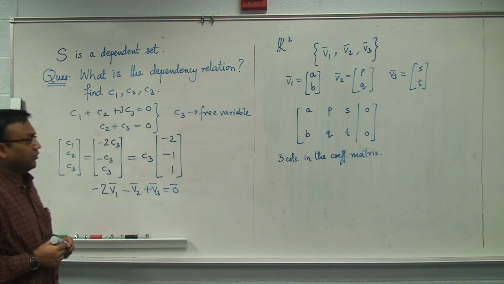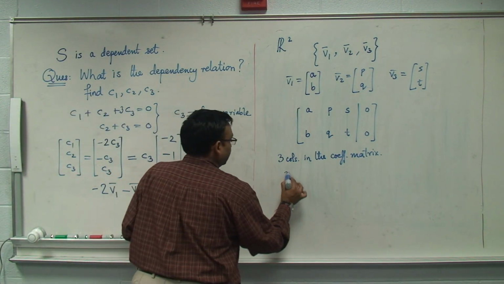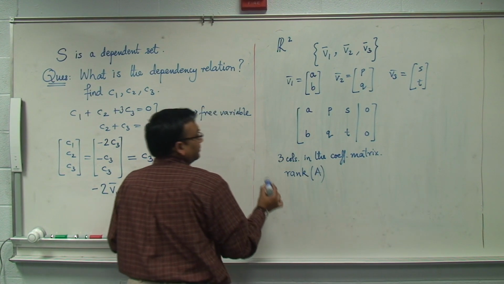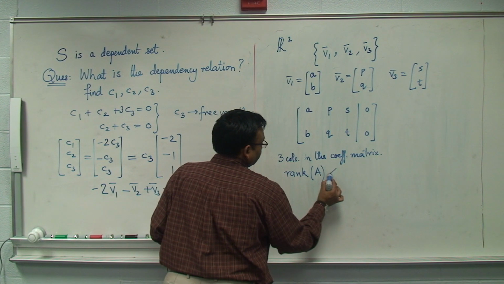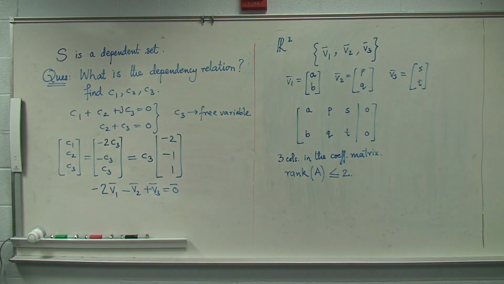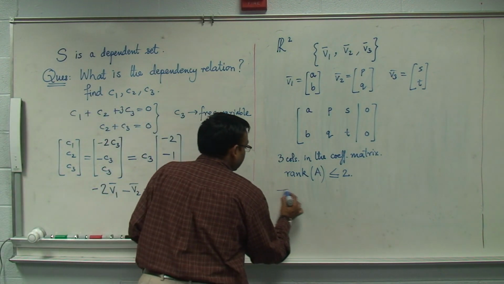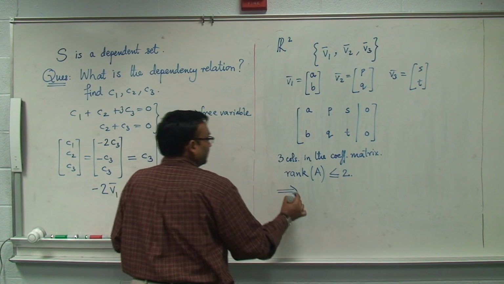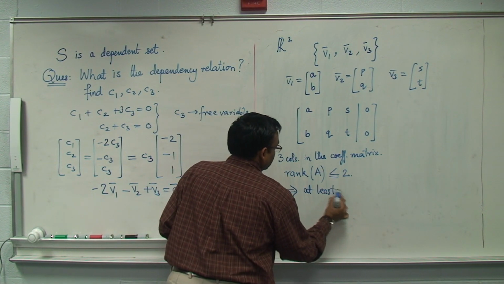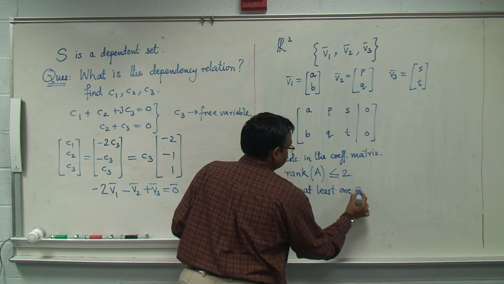So what about the rank? Can I say, no matter what these numbers A, P, S, B, Q, T are, the rank of this thing can never be more than 2, because I have only 2 rows, so there could be at most 2 pivots. So the rank is going to be at most 2, then can we say, no matter what these numbers are, there is at least one free variable.